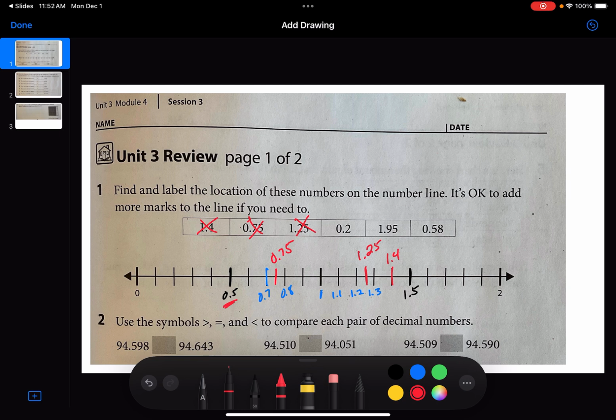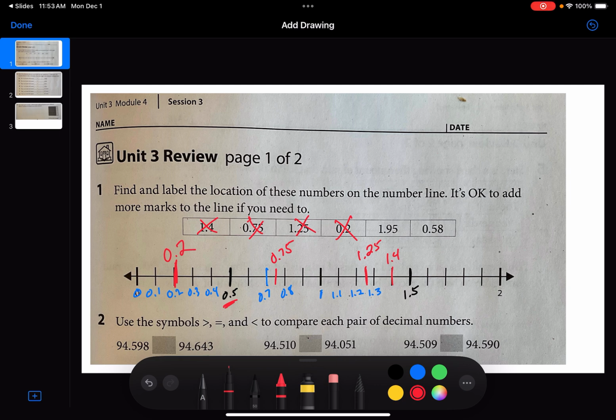Okay, 2/10. I can do this one because if this is 0, then this would be 1/10, and this would be 2/10, and this would be 3/10, and this would be 4/10. So 2/10 is right here. I'm going to label it 0.2, 2/10.